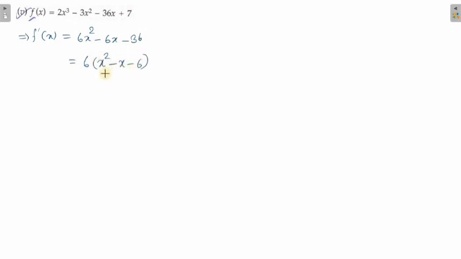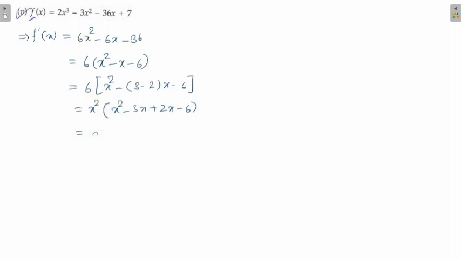As I told you, you need to factorize this. For factorizing this, use breaking the middle term: x square minus something x minus 6. The numbers I need to write here are 3 and minus 2, so open the bracket: x square minus 3x plus 2x minus 6. It's 6 here, not x square.